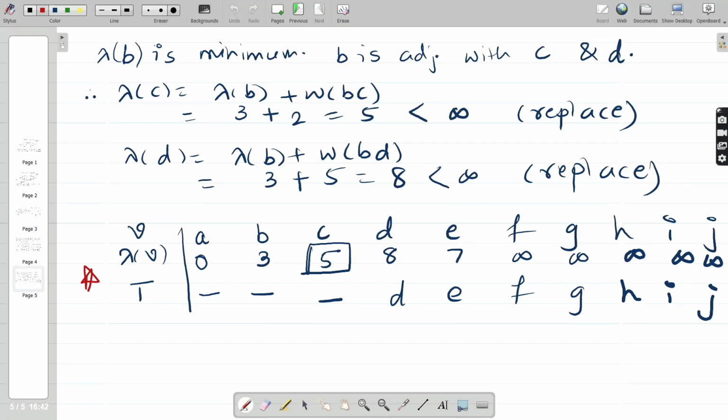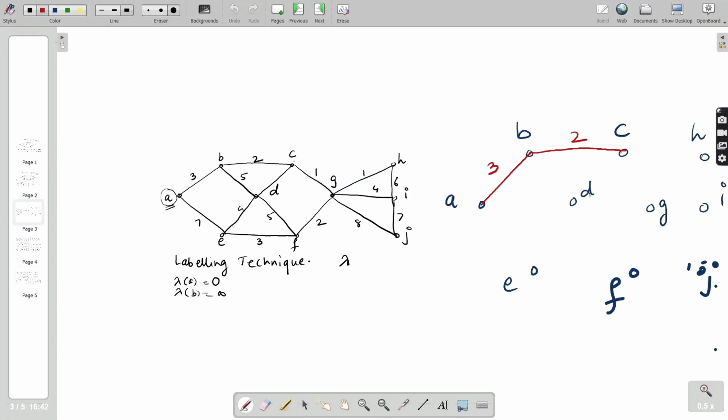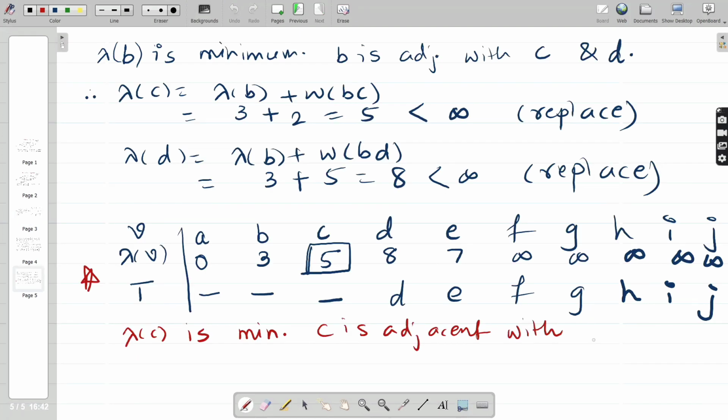Now, we can see lambda C is minimum. Now, C is adjacent with which vertices that we want to see? C is adjacent with D and G, from T. In T, there are A, B, C which are excluded, C itself also.